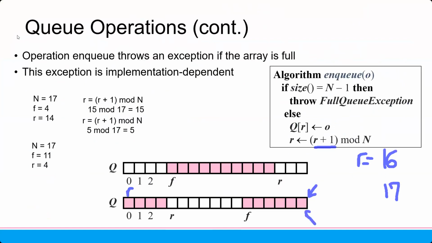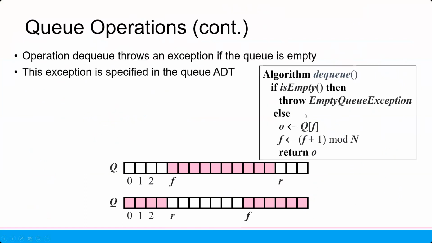Okay. How about dequeue? Whenever we want to remove an element, we throw an exception if the queue is empty. So we check: if the queue is empty, we raise an empty queue exception.